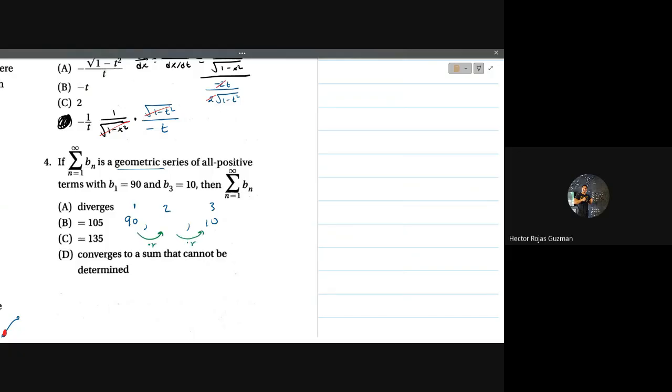They did tell us it's geometric. So, in other words, if you start with 90 and you multiply that times r squared, you're going to get 10. So, let's figure out what r is.